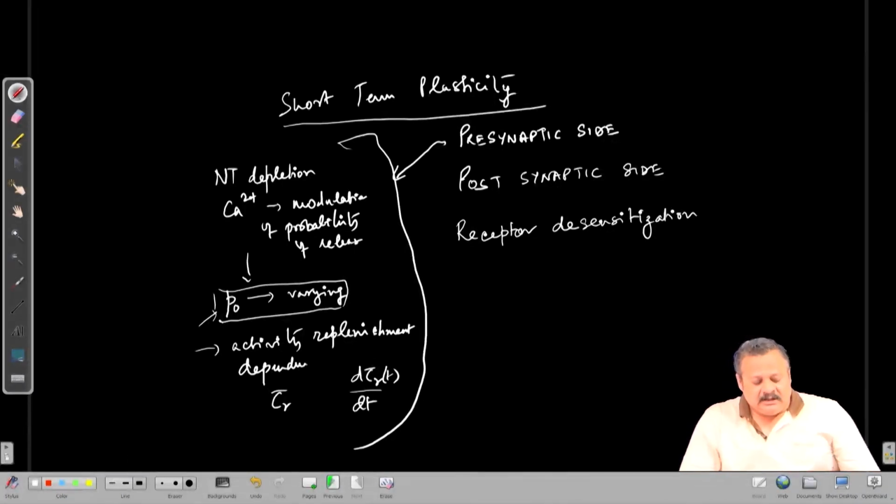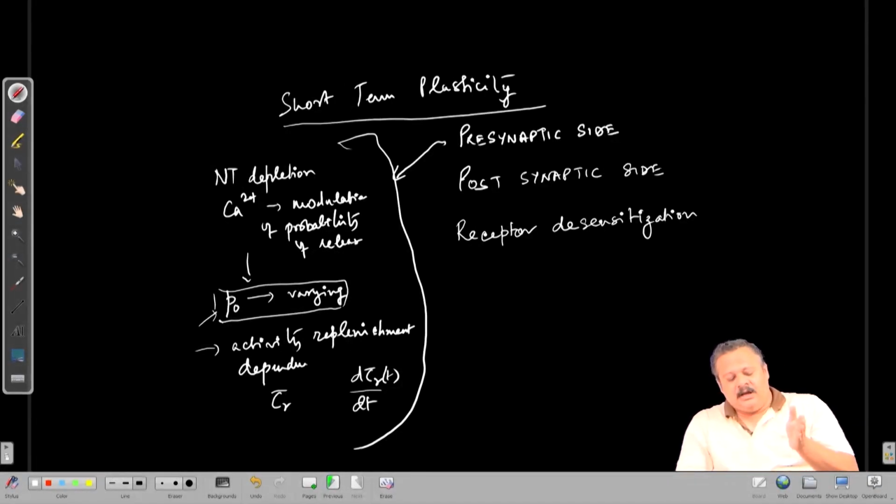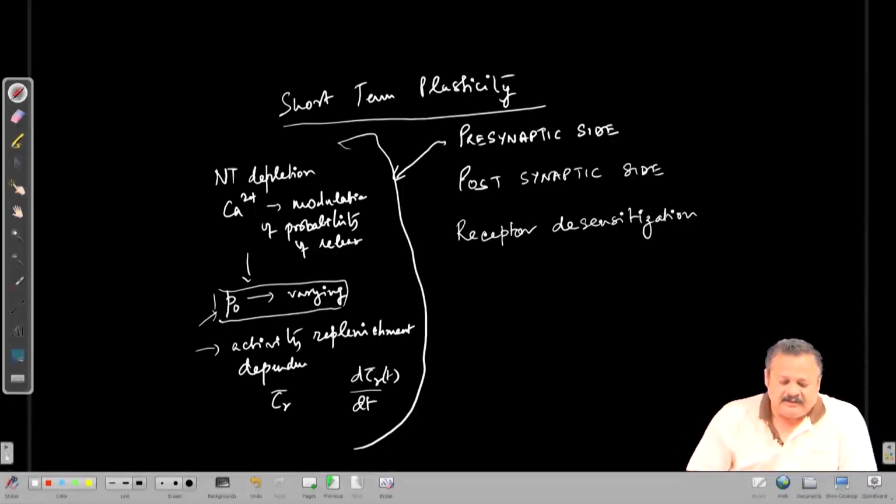What I mean is that as we have discussed before, there can be synapses where whatever is going on in the presynaptic side is not producing the short term depression, but we might still be able to see short term depression because of postsynaptic factors, and the primary among them is the receptor desensitization.